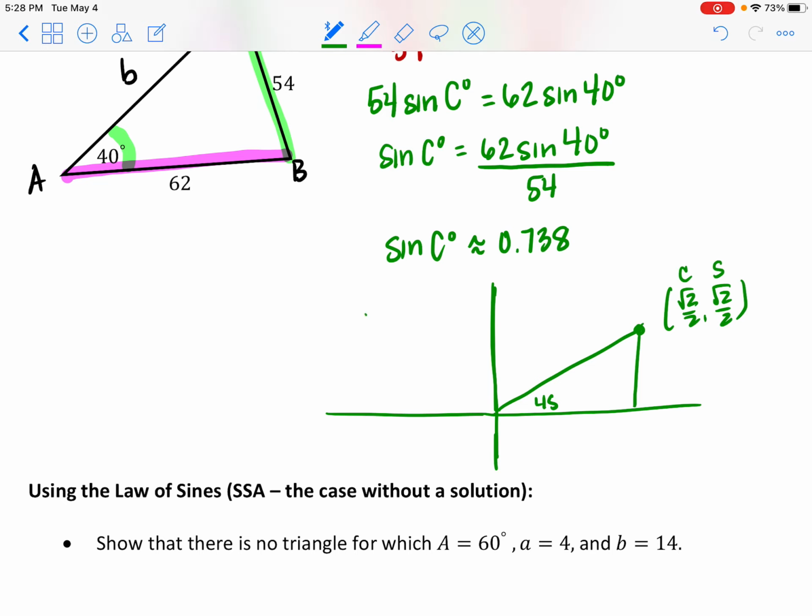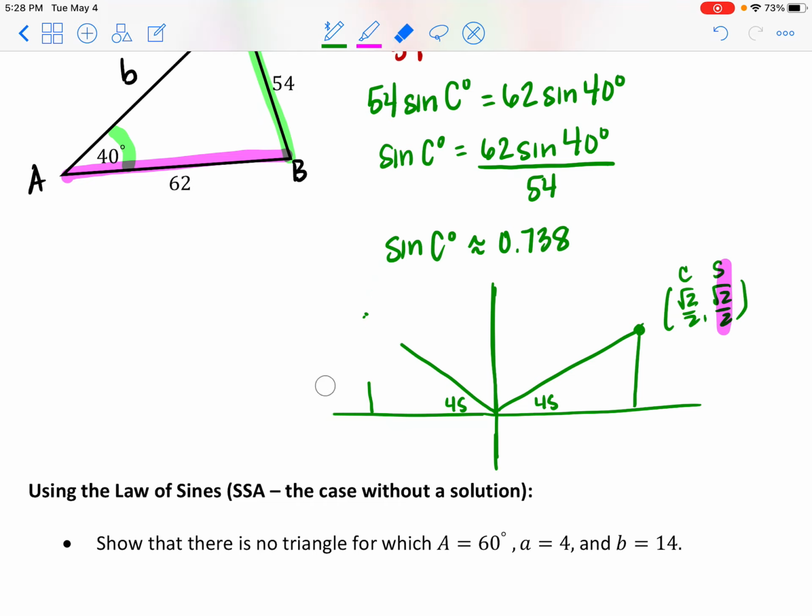We could make the exact same triangle in quadrant 2. So 45 degrees here, and the coordinates here would be radical 2 over 2, radical 2 over 2. Remember all this, right? Where this is our cosine, this is our sine. Well, cosine's negative in quadrant 2, but sine is positive in quadrant 1 and quadrant 2.